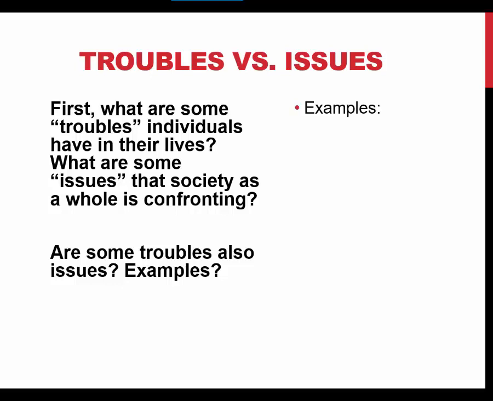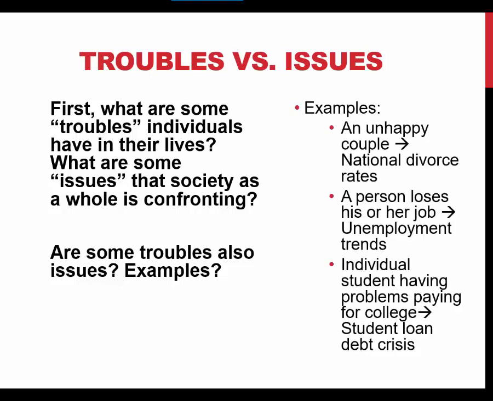All right, to complicate this a little further, let's consider whether a trouble can also be an issue. And the answer here is obviously yes. If enough people within a society are experiencing this trouble, or if the consequences of this trouble have a larger social consequence or impact, then this isn't just a personal trouble, it is a larger social issue.